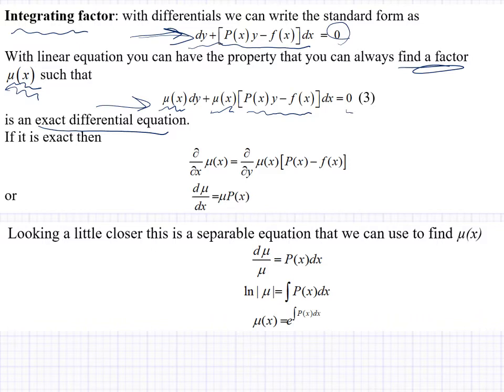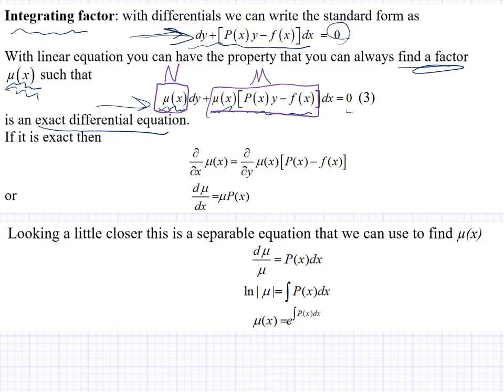Okay. So if this is an exact differential equation, then this coefficient in front of the dy would be what we were calling n, and all this in front of the dx would be that function that we called m.